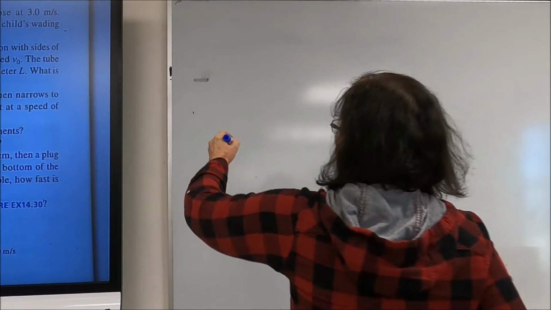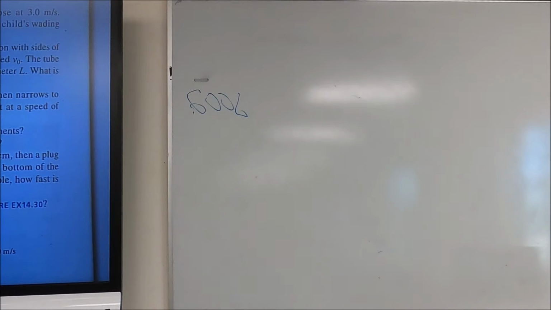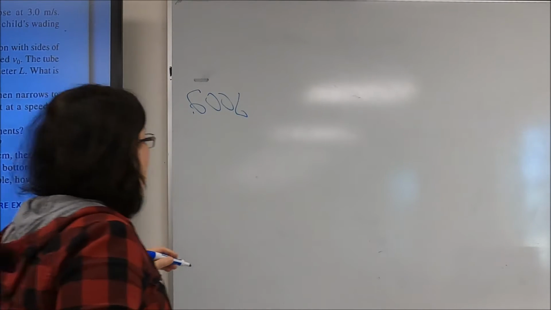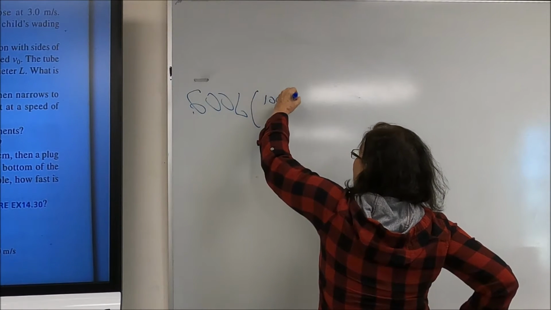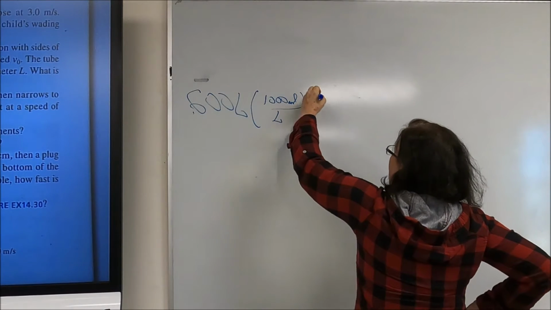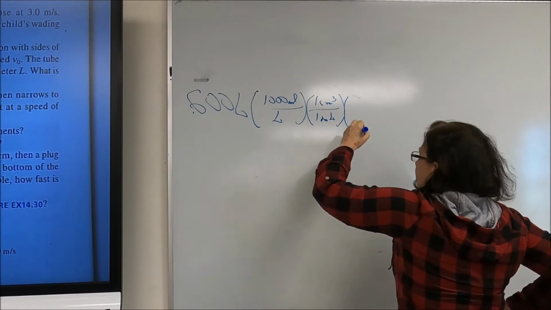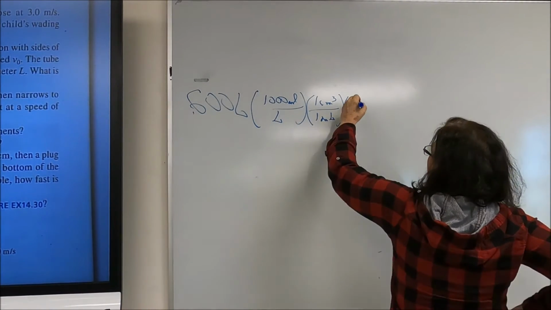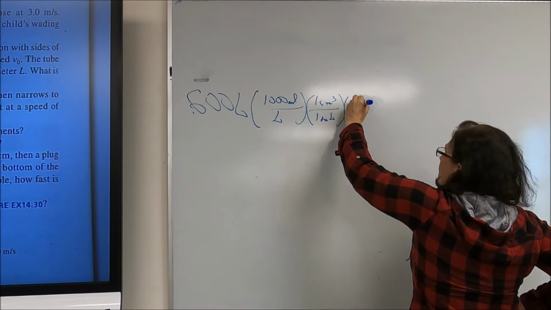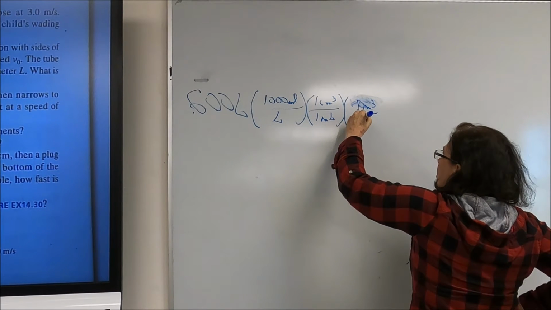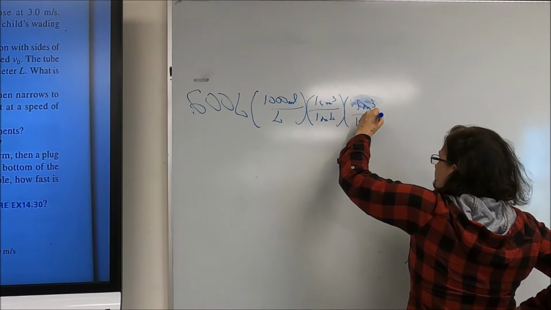Now, first off, let's start with the fact that we've got 600 liters. And a liter is not an SI unit. So I know that there are 1,000 milliliters for every 1 liter, and there's 1 centimeter cubed for 1 milliliter, and then for every 1 meter cubed there is 10 to the 6 centimeters cubed.